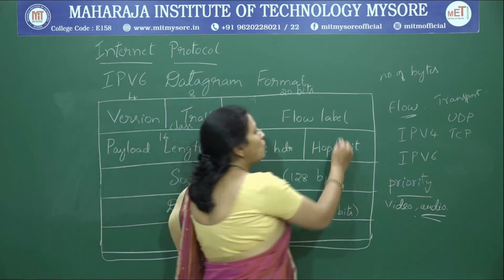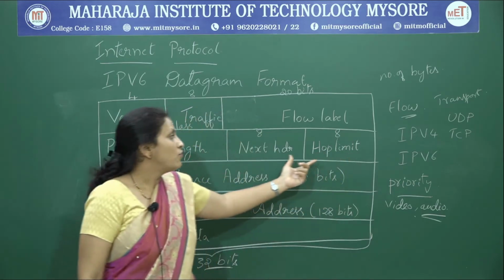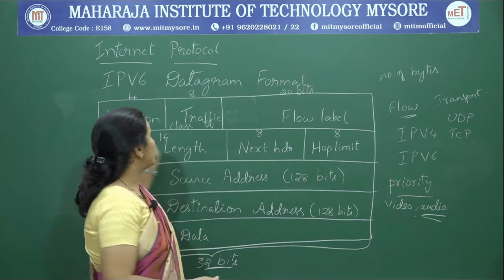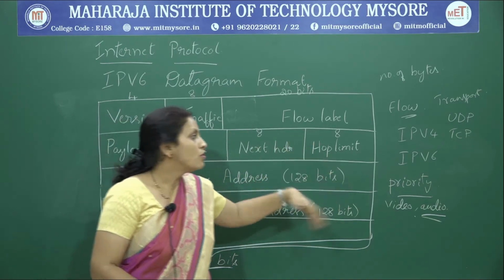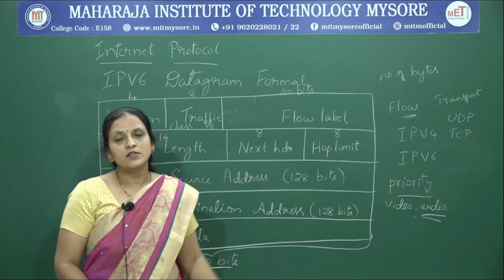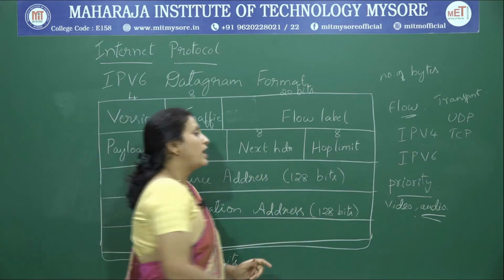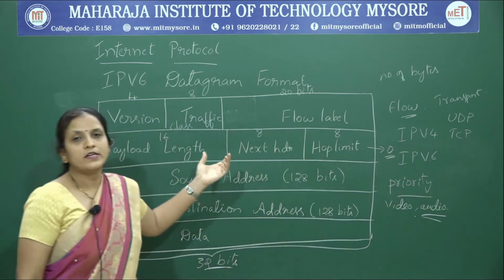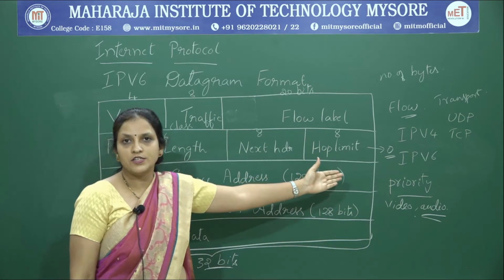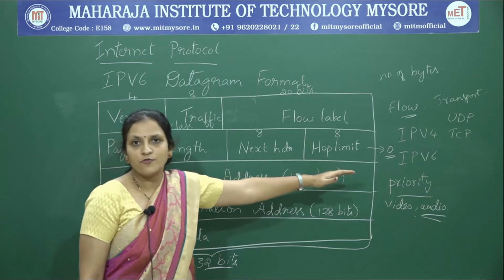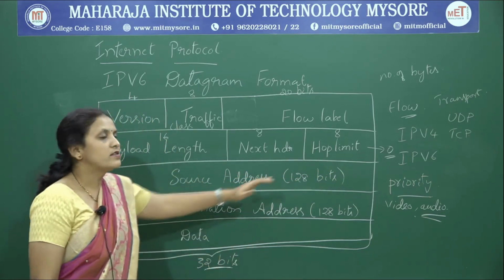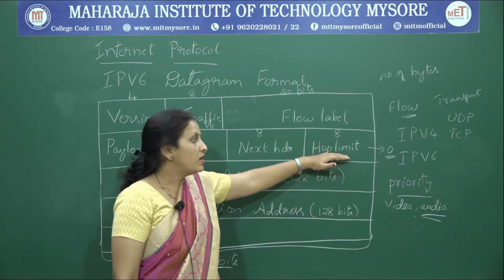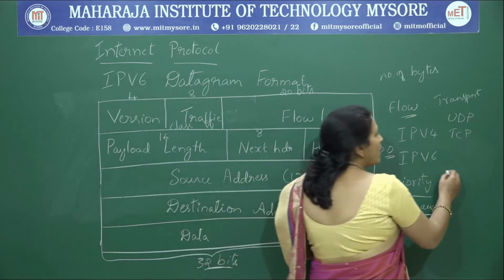The next field is hop limit. Once again, it is an 8-bit field which represents the number of routers or nodes that this particular datagram has to pass through in order to reach the destination. When the value of this hop limit reaches 0, the datagram is dropped from the network. The value stored in the hop limit field is decremented by 1 at each router.